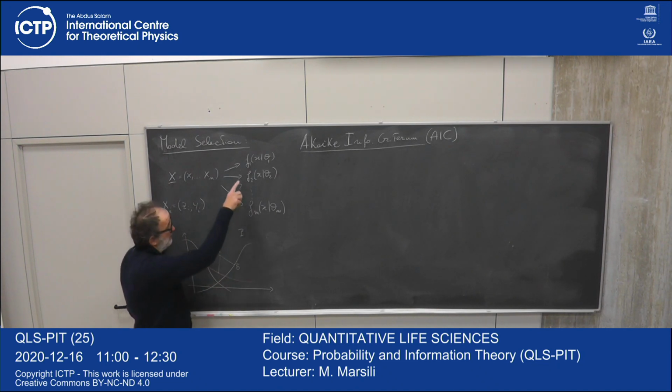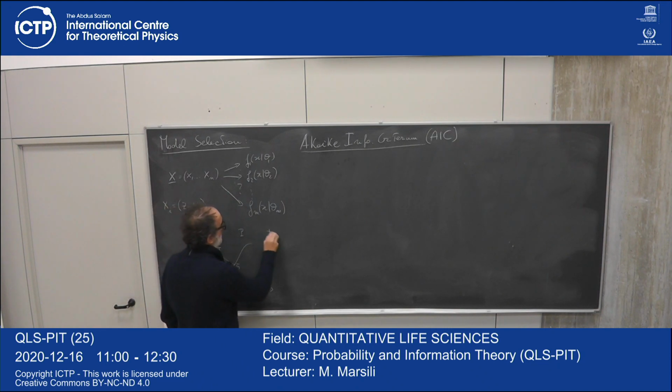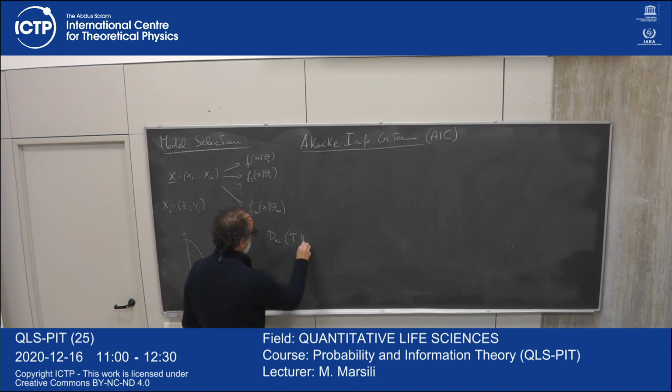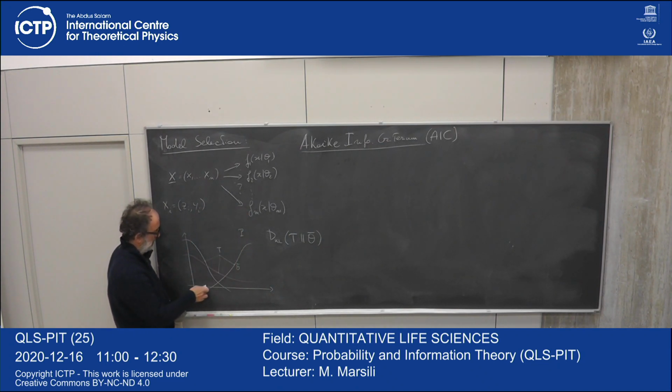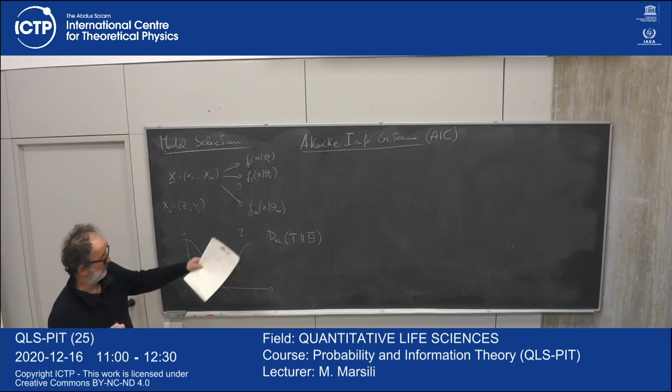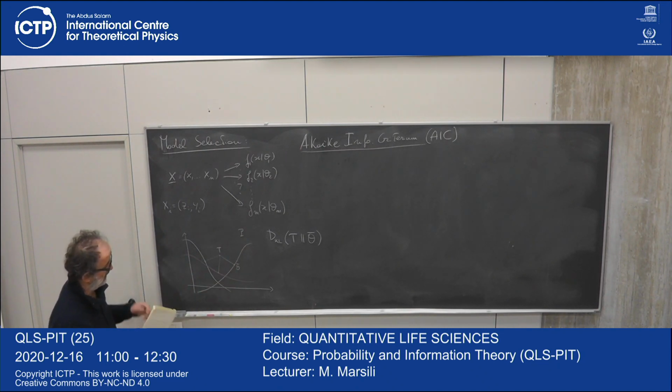Okay, so for each of these, you would like to compute something like the DKL between your true model and the model that among these is closest to the truth. Okay, then you would like to find the minimum of these.